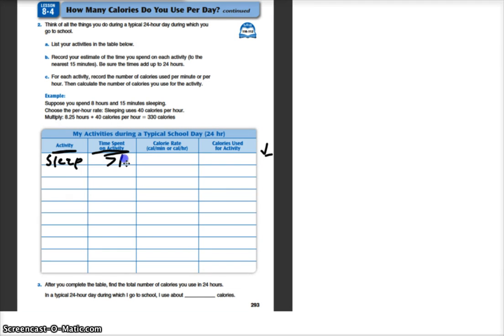So 7 hours. I got to clarify that. I burn about 40 calories every hour of sleep. So I am doing 7 times 40. 7 times 4, I know, is 28. So just by sleeping, I'm burning 280 calories at night.